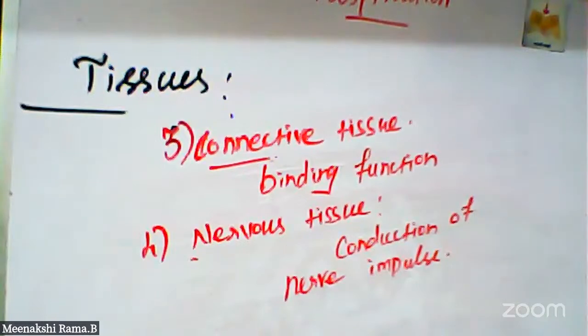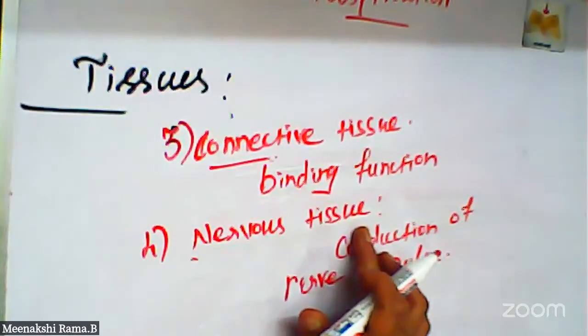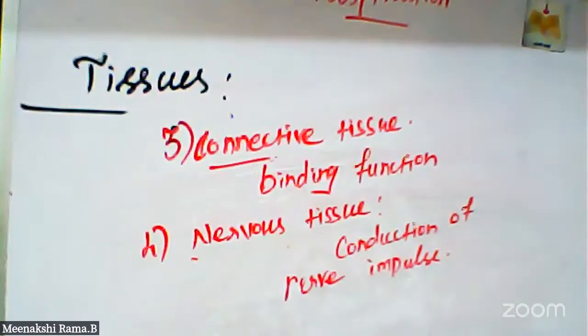Different kinds of actions are done in our body. The impulses are passed with the help of the nerves. The nerves pass messages to the brain, and the brain passes messages to different organs. That process is done with the help of nervous tissue, which conducts nerve impulses.